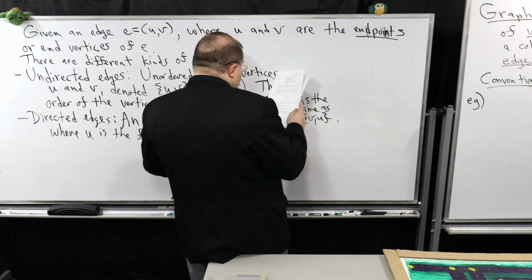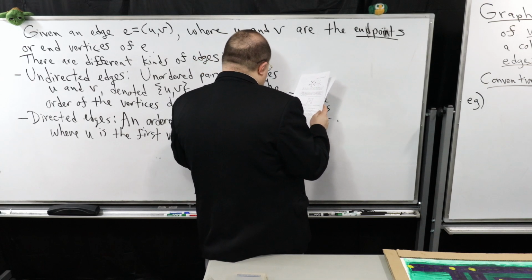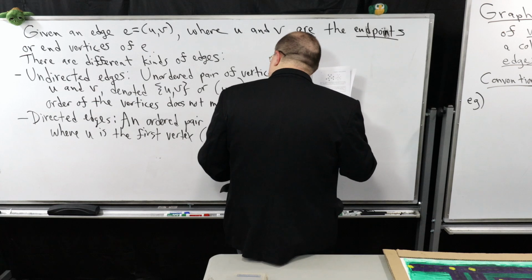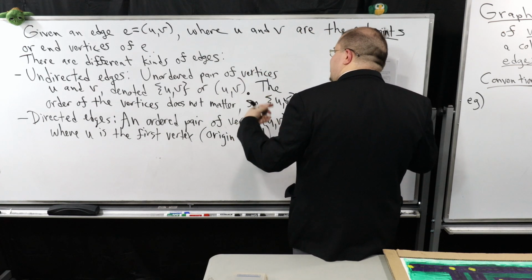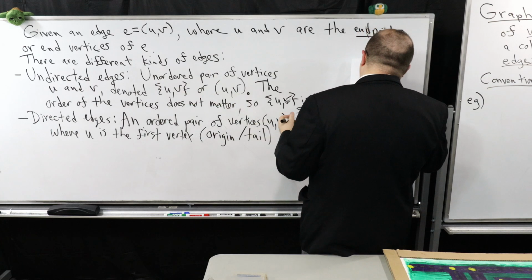This is sometimes called the origin or tail sometimes. So if you need to talk about which vertex, because it'll be pointing in a direction as we're going to see in a moment.